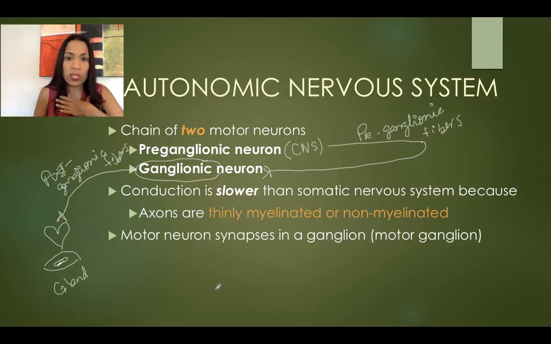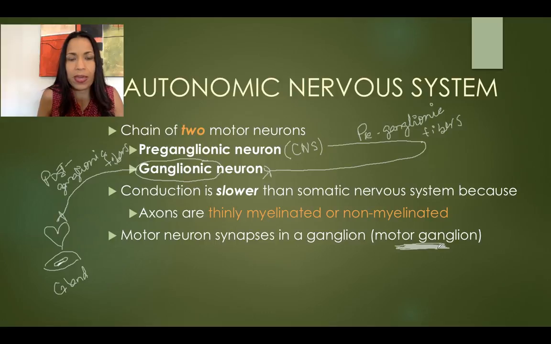The dorsal root ganglia are where all the sensory information gets in, where the sensory neuron is located; they are sensory ganglia. These ganglia of the autonomic nervous system are motor ganglia, okay?